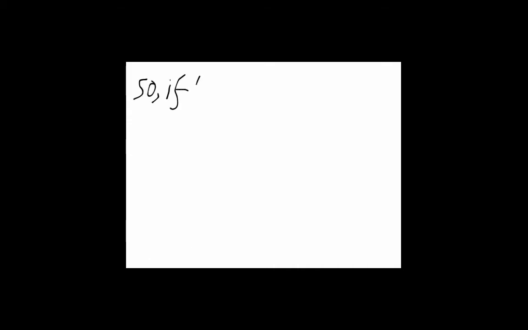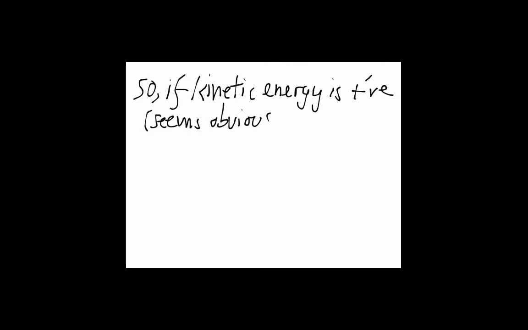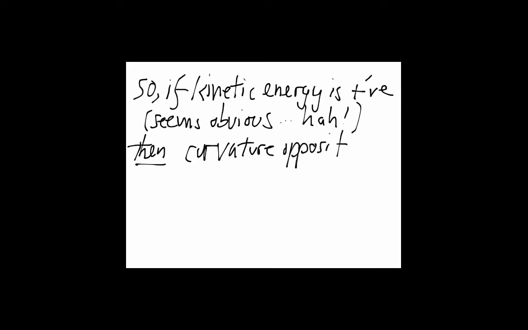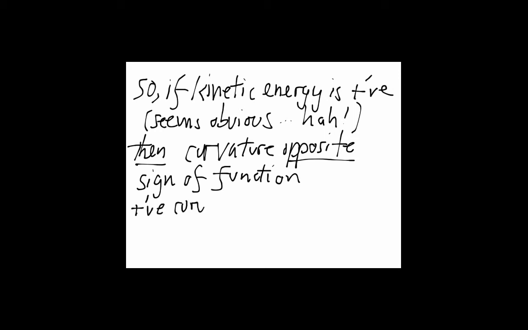So what that means is, if the kinetic energy, which remember is the right-hand side of the equation, is positive, and a positive kinetic energy seems like a very obviously reasonable thing, like many things in quantum mechanics, that's going to come into question later, but so far that seems reasonable. Then the way the Schrodinger equation works out, the curvature has the opposite sign of the function. So when the function is above 0, the curvature is negative. When the function is below 0, the curvature is positive.